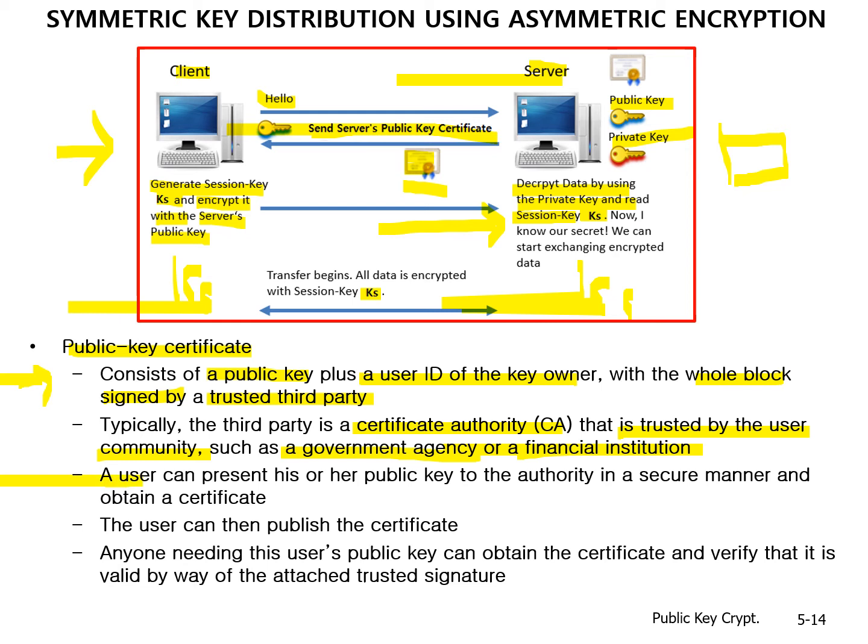A user can present his or her public key to the CA in a secure manner and request a certificate. When the CA issues the certificate, the user can publish the certificate to other persons.